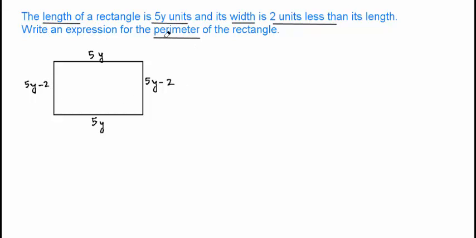We need to write an expression for the perimeter of the rectangle. Now the perimeter is just the sum of all 4 sides. Therefore this is going to be equal to 5y plus 5y minus 2, plus, you could put a parenthesis around this, it doesn't really matter, just to make it more readable that this is this side, plus 5y again, plus 5y minus 2.